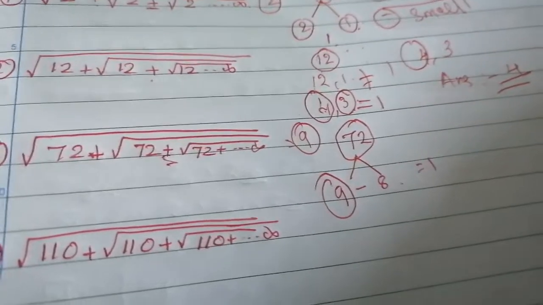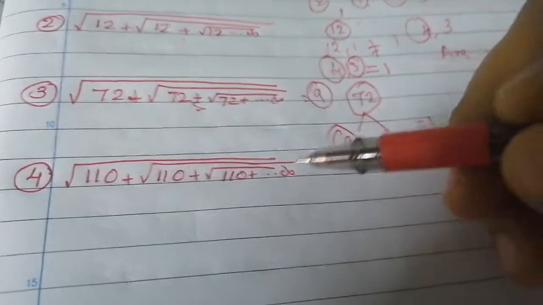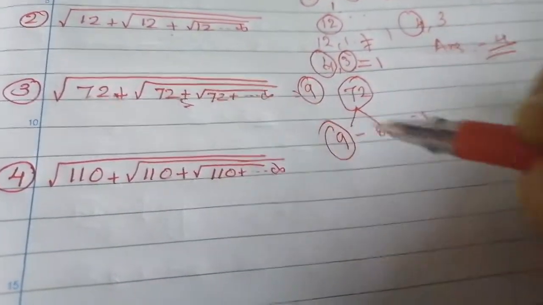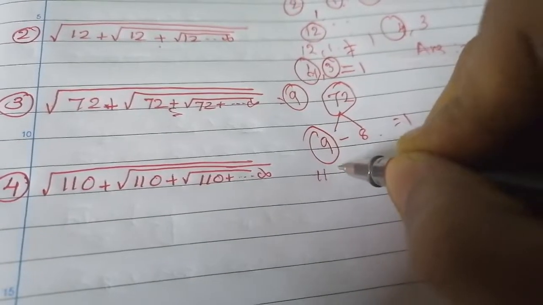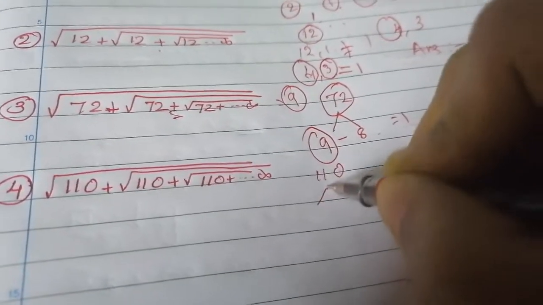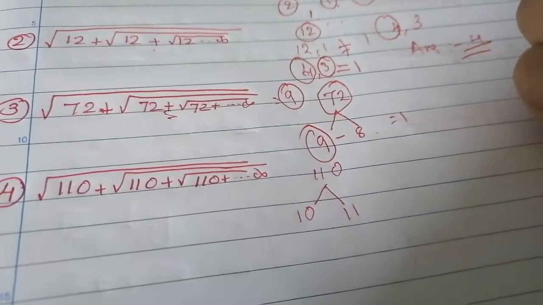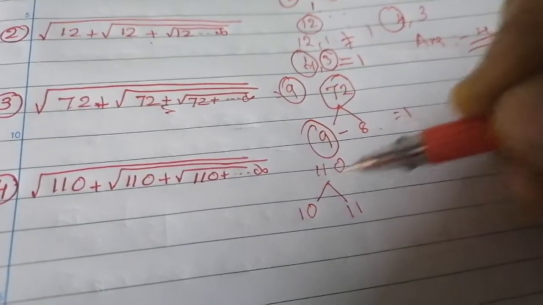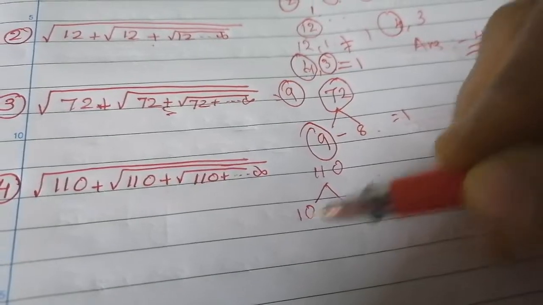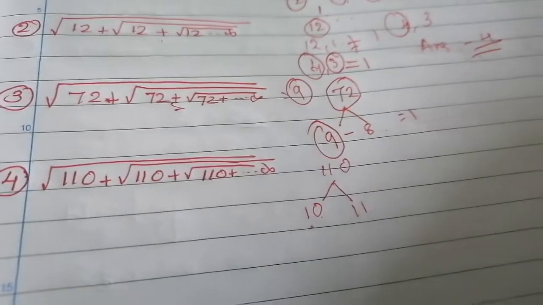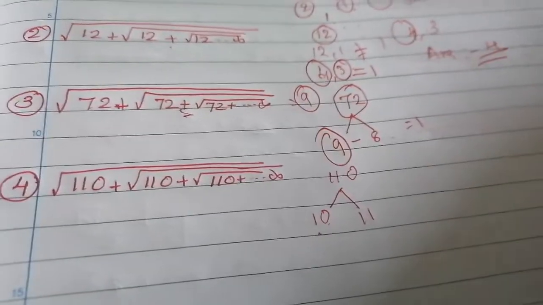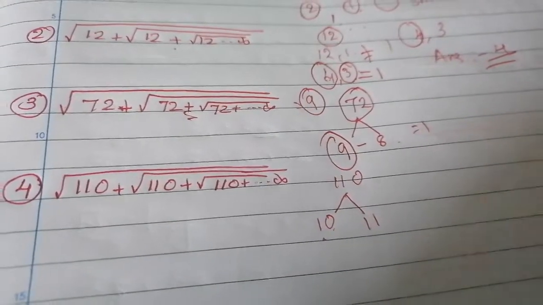Clear? Very simple, right? So your fourth problem: you first check the multiples of 110. Then we consider 10 and 11. 10 and 11 are the multiples of 110. Then you check 11 minus 10 or 10 minus 11. That does not matter here; you can find the difference anyway.